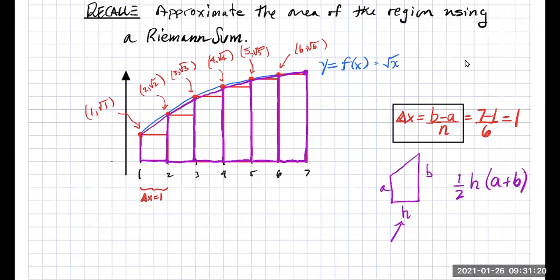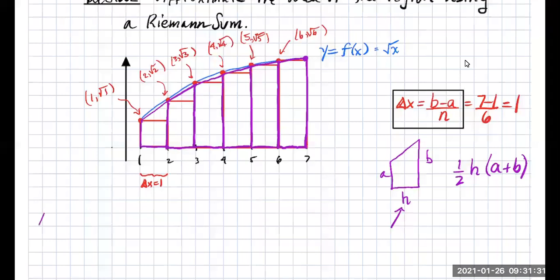So in our case, right, all those purple trapezoids right there, all of their heights are identical. They're all equal to delta x equals 1. Let's write down all of those areas. Okay, so for the first one, 1/2 times its height, which is 1, times the sum of the lengths of the parallel sides. Now that's where we need the y coordinates, right? The y coordinates of all the points you see listed there. The y coordinates give you those heights.